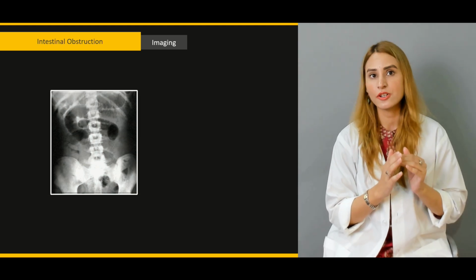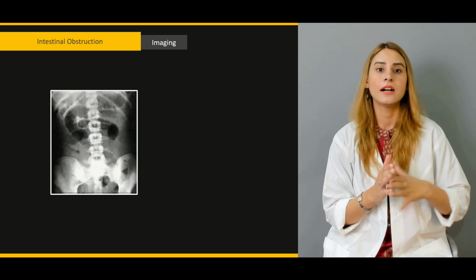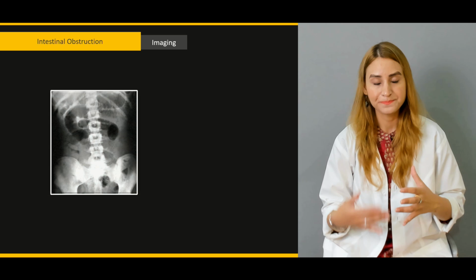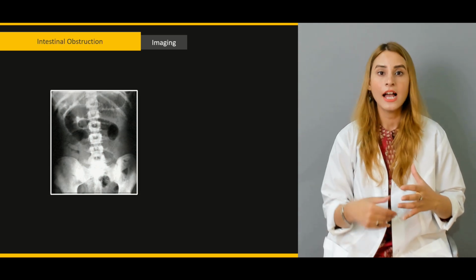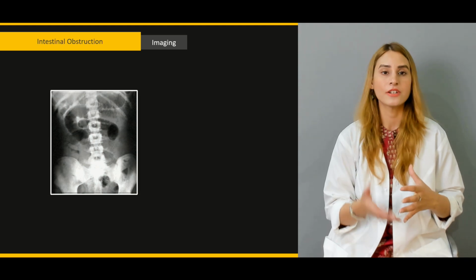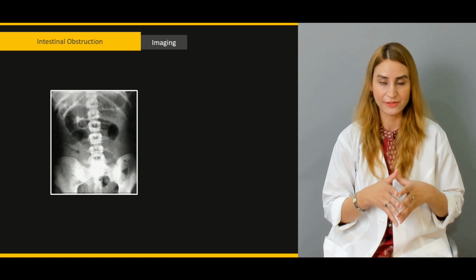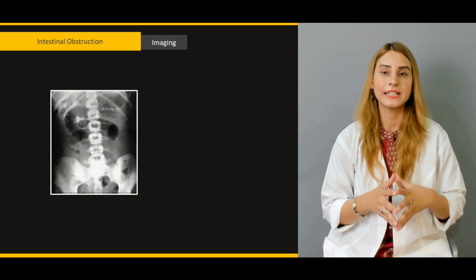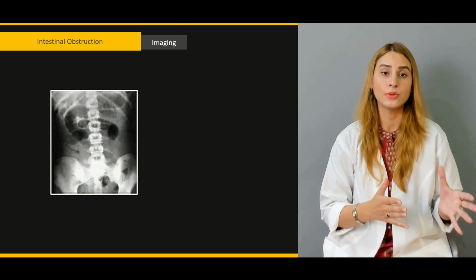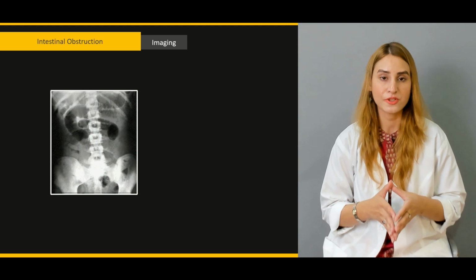In dynamic obstruction, we talk about a lot of intraluminal causes, like food, gallstones, fecal impaction, trichobezoars, and phytobezoars. We have already talked about all these things, right? And also the other extramural and intramural causes of obstruction.